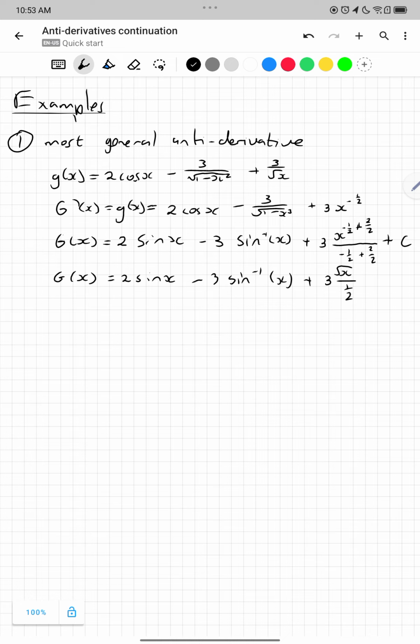So it basically looks as follows: g of x is equals to 2 sine x minus 3 arcsine x plus 6 root x plus c. Don't forget the c. C is most important. That's what the markers wanna see.